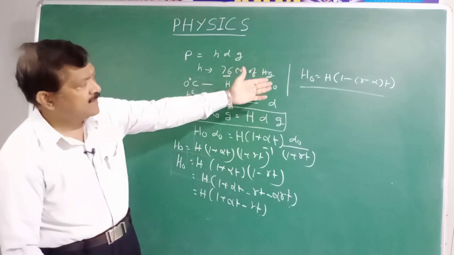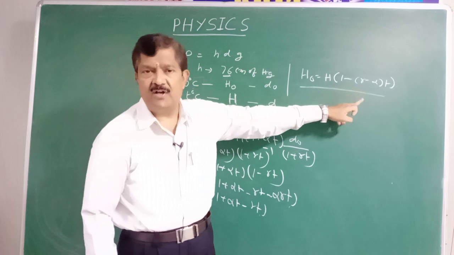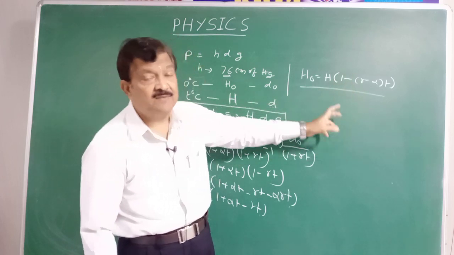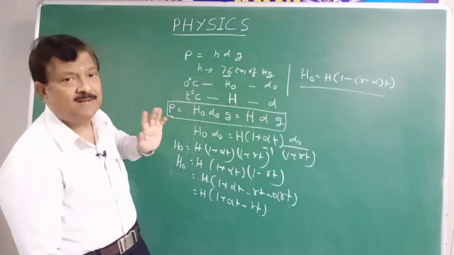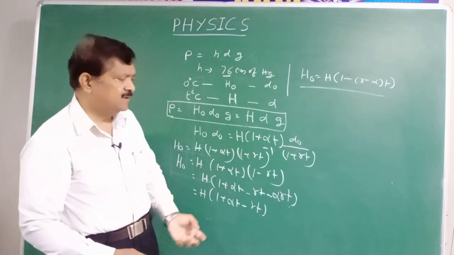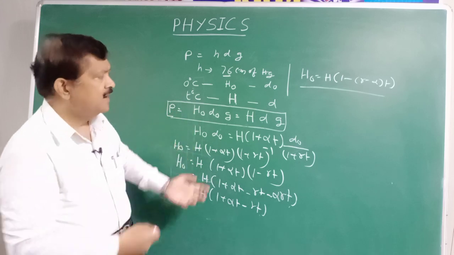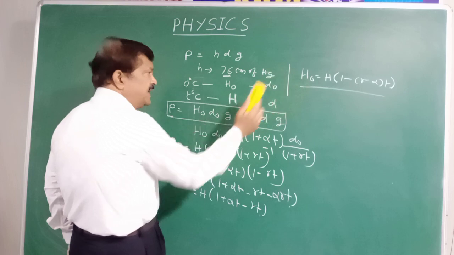Finally, that relation is important. Here, gamma is the coefficient of volume expansion of mercury, and alpha is the coefficient of linear expansion of the material of the scale you are using in the barometer. With this application, the relation between expansion of solid and liquid has been used. Now the application part is completed. Note that this equation is very important.